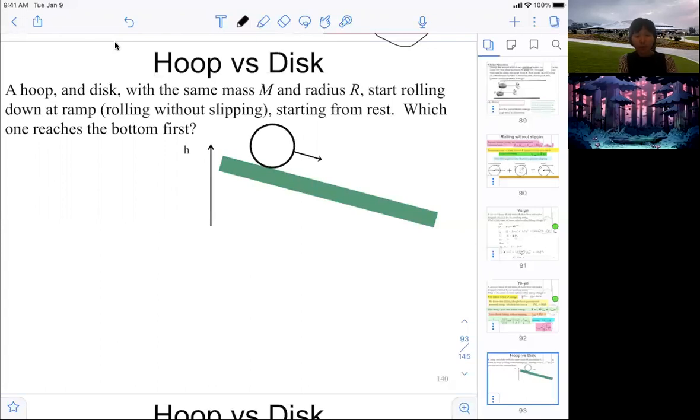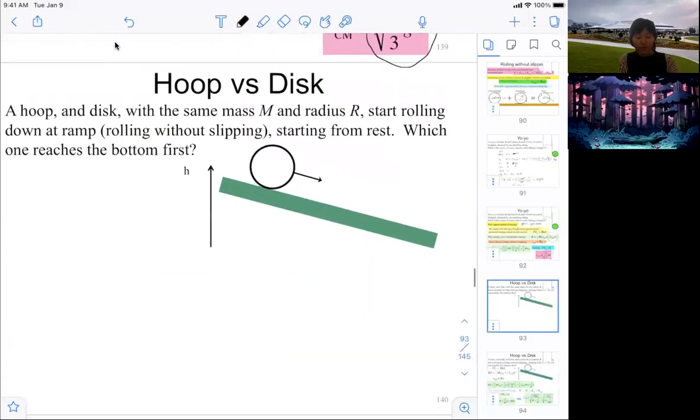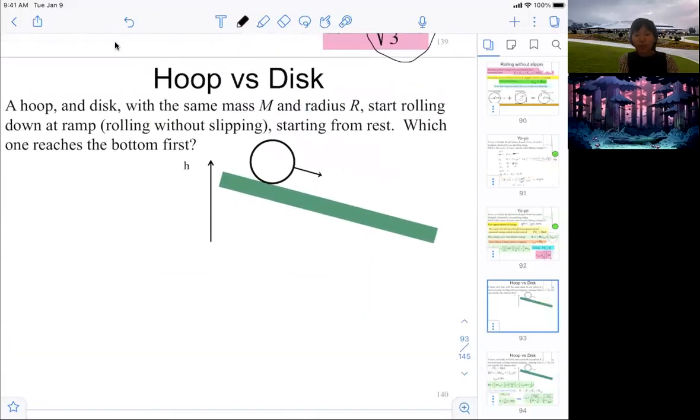So first of all, actually we can solve this problem two ways. We are going to start with the conservation of energy approach first. That's more straightforward. This problem can also be solved using dynamics, where you draw a force diagram, and kinematics. So I'm going to show the other approach later. But let's do the conservation of energy approach first. Okay, so I want you to think about, what is your system? It's your choice of system.